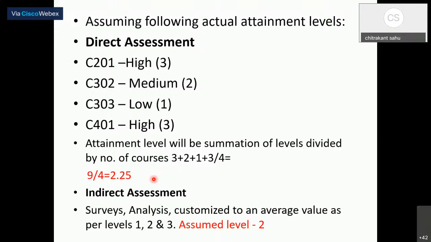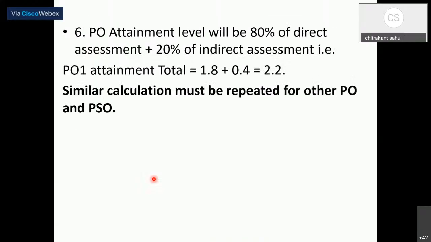Then there is an important point, that is the indirect assessment. Indirect assessment will be based on survey analysis, and we need to again grade it in terms of 1 to 3. Let's say for PO1, I conduct a survey and get an attainment of level 2.